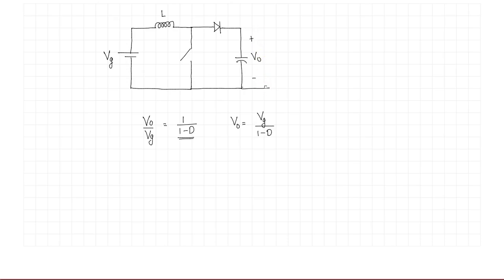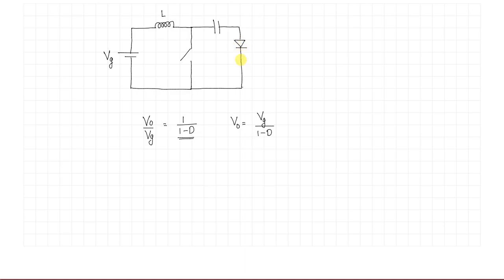Now what we do is we will try to redraw this circuit in a slightly different manner. At the output you can see that we have a series combination of a diode and a capacitor. So if I simply redraw this circuit by interchanging the positions of this diode and capacitor, it should be obvious that this is not going to change anything as far as the operation of the circuit is concerned.